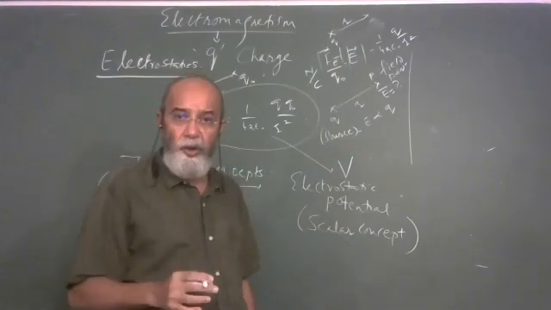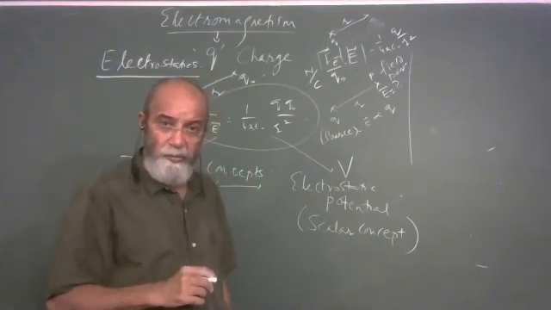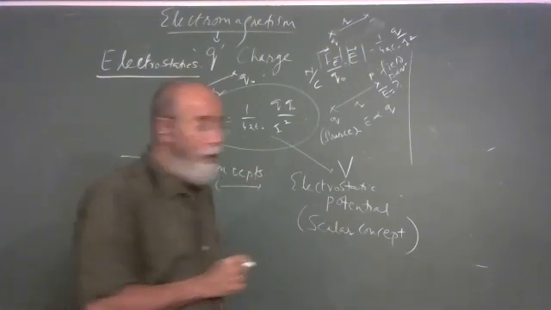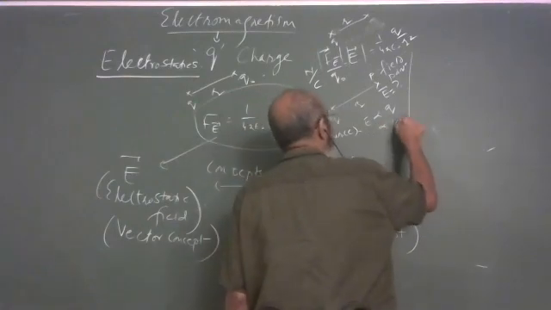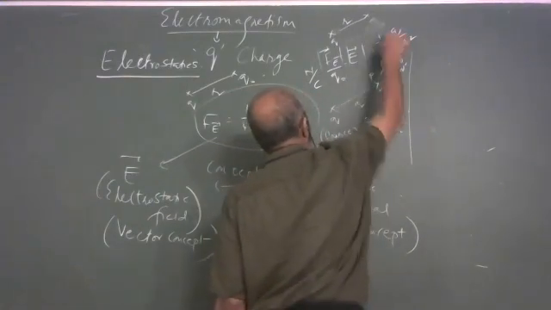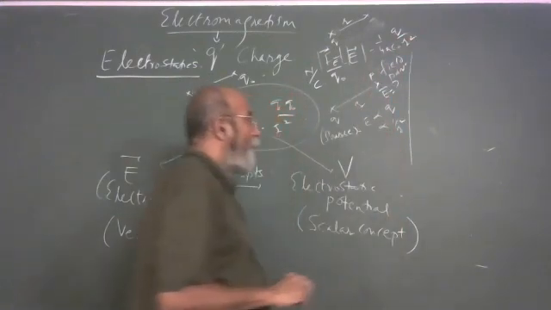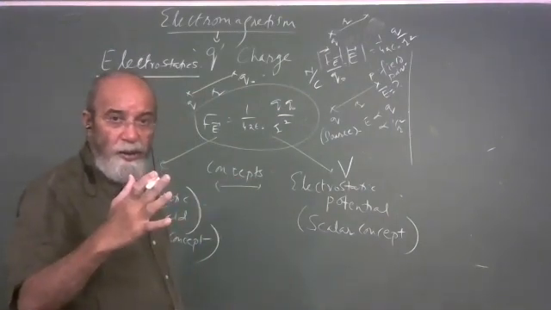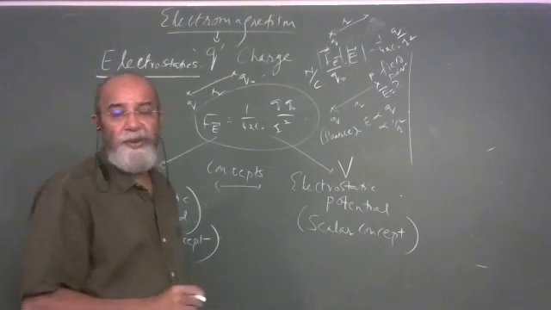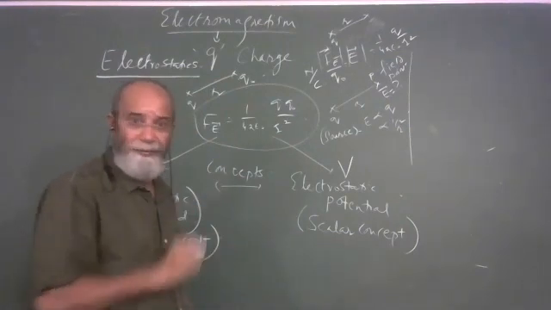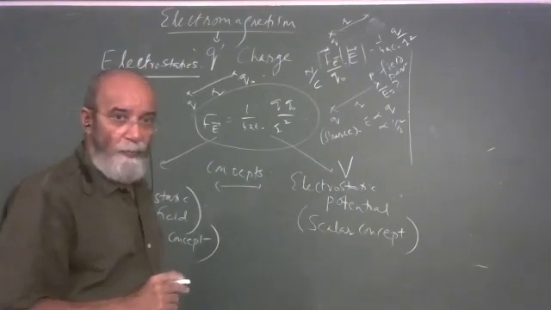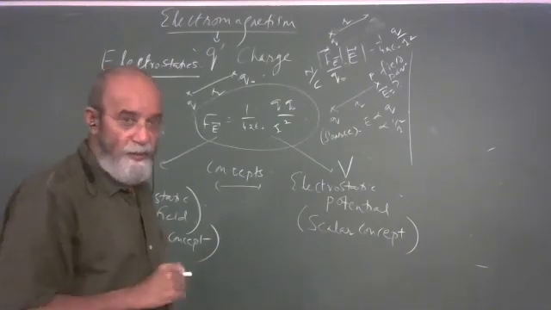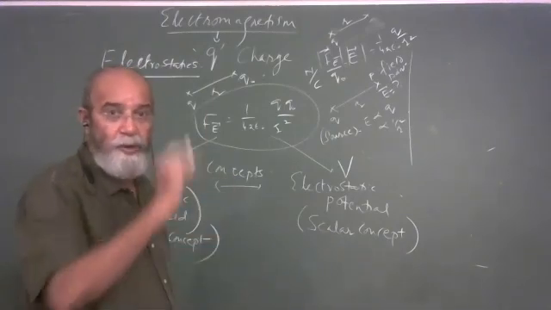I double the charge, 2Q, E becomes twice. Half it, E becomes half. And it's inversely proportional to 1 upon R squared. I double R distance, E falls 4 times, squared.